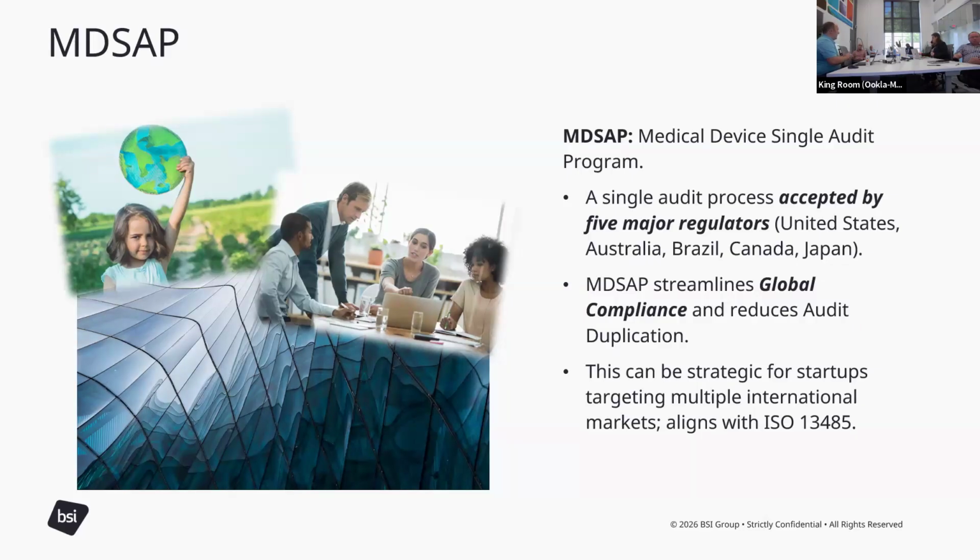So by getting an MDSAP certificate, you can avoid a lot of the audits from those regions, which is nice for larger companies, probably not as relevant for a startup. But as you're looking at getting certified, you can make a more informed decision that, okay, MDSAP is more of a future thing, ISO 13485 if you're just going to go into the US market initially.